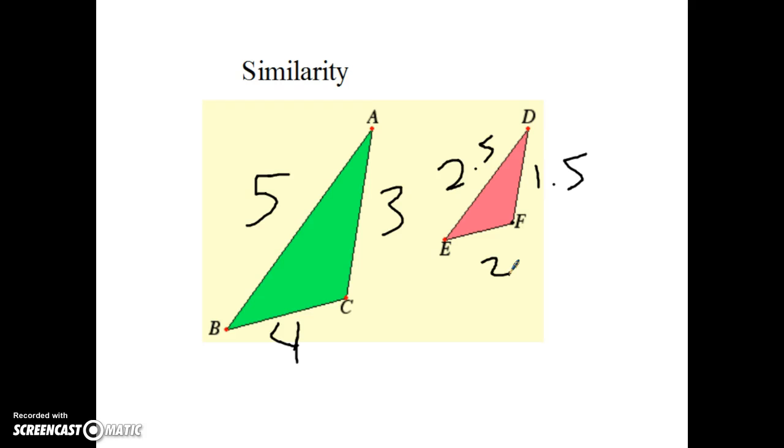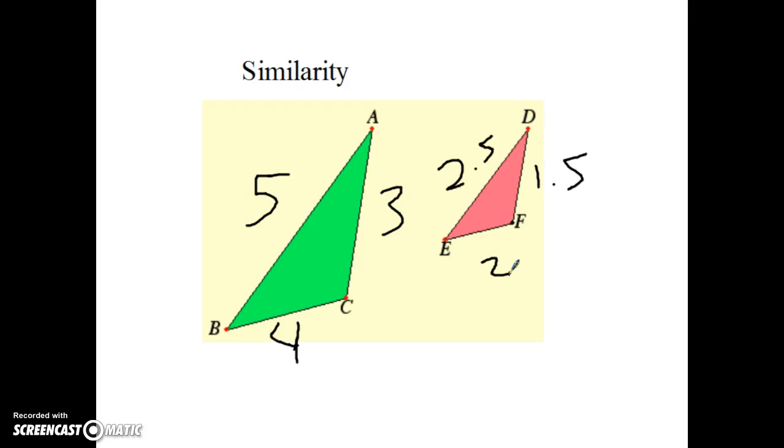So if ABC was our image and DEL was our pre-image, meaning our beginning image, that means it was an enlargement between the two figures. That DEL was dilated 2 times to become ABC, or vice versa.